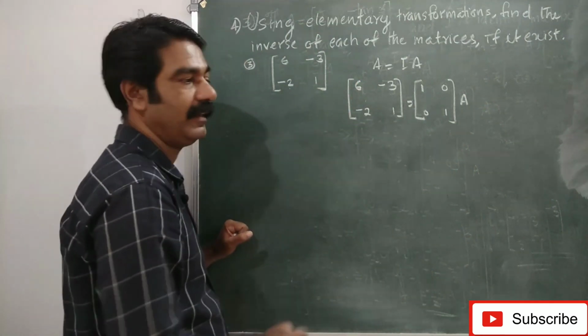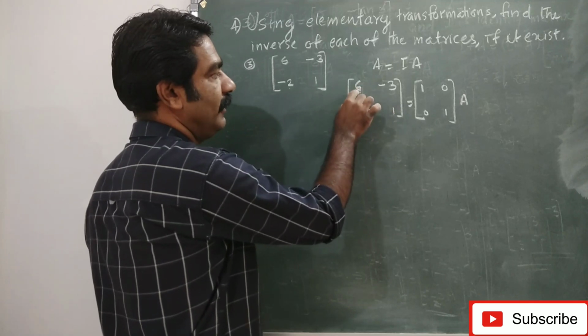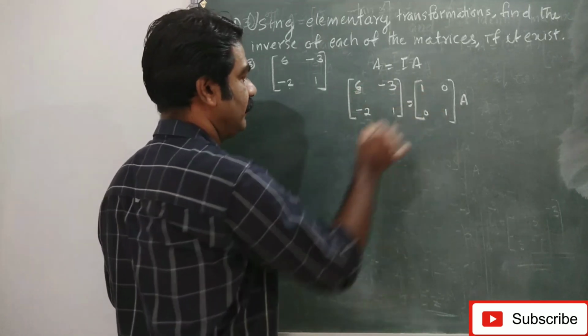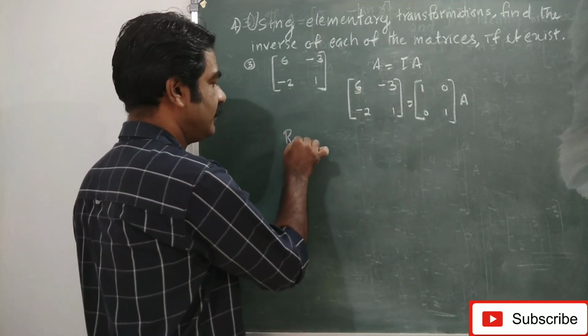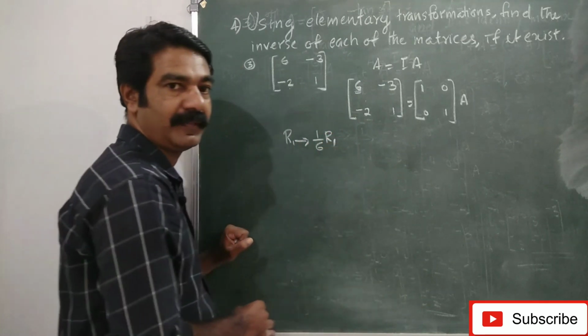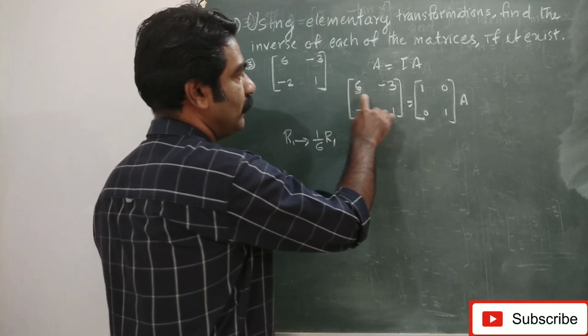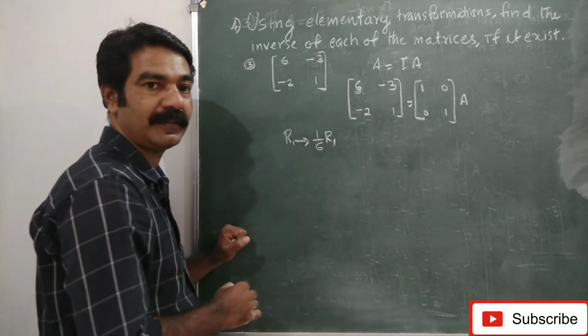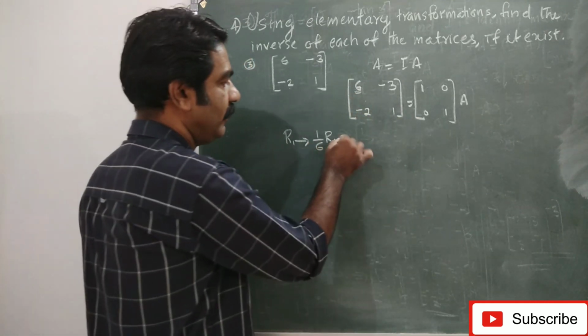The first element is 6 now. This 6 we have to change into 1. So what will we do now? R1 changes to 1 by 6 R1. Multiply the first row with 1 by 6.